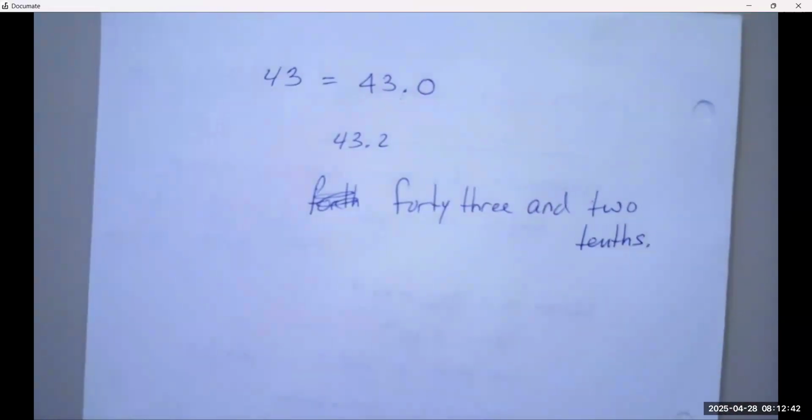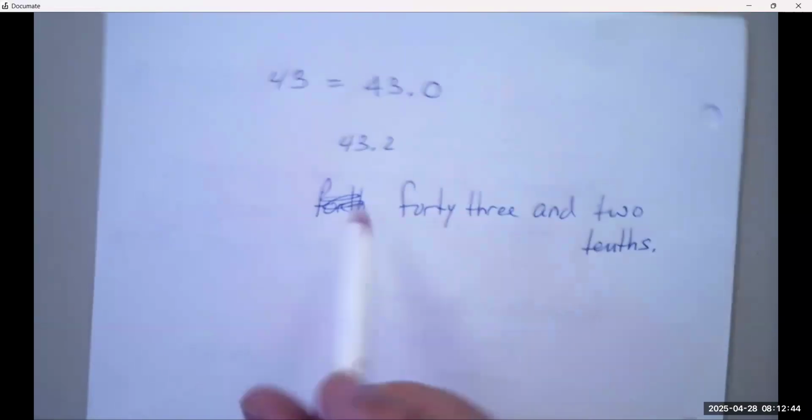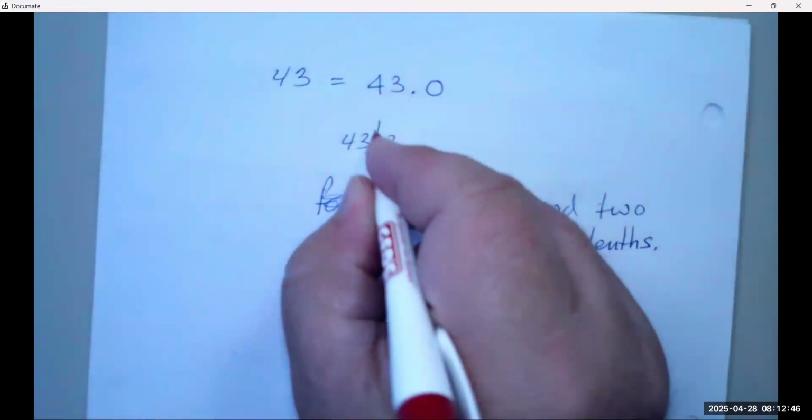That's how you would read it. 43 and 2/10.